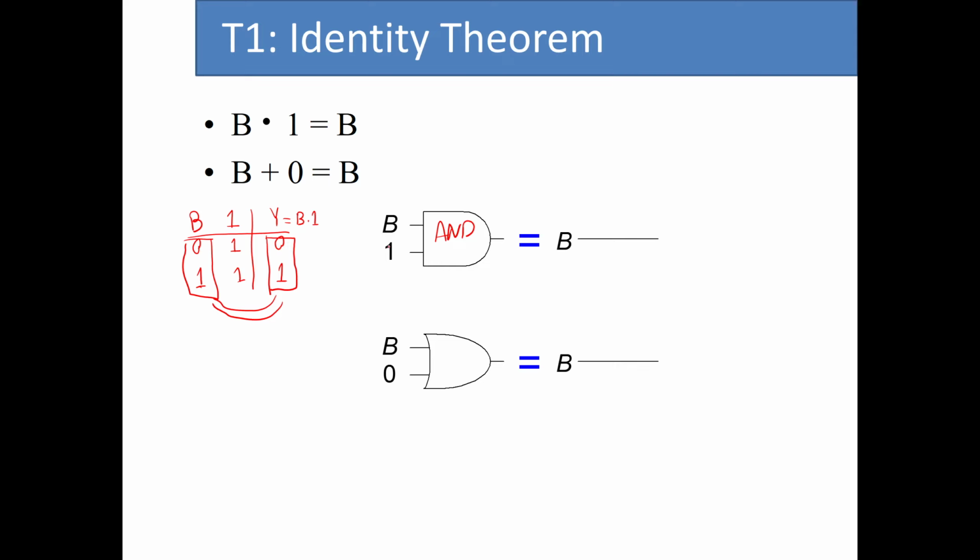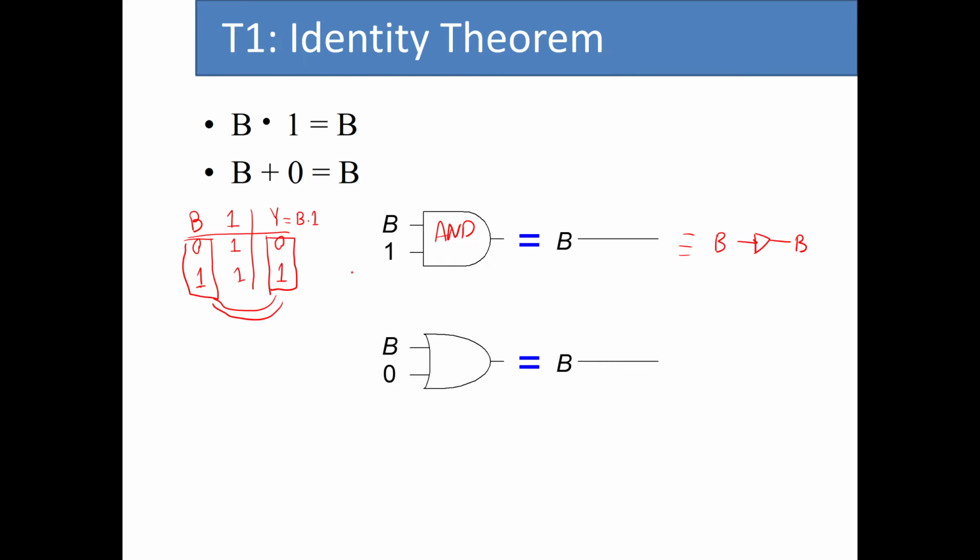So if you AND b with 1, the answer is going to be b. So in some sense, this is equivalent to b going through a simple buffer. The other input, since it's 1, doesn't change the value for the output.